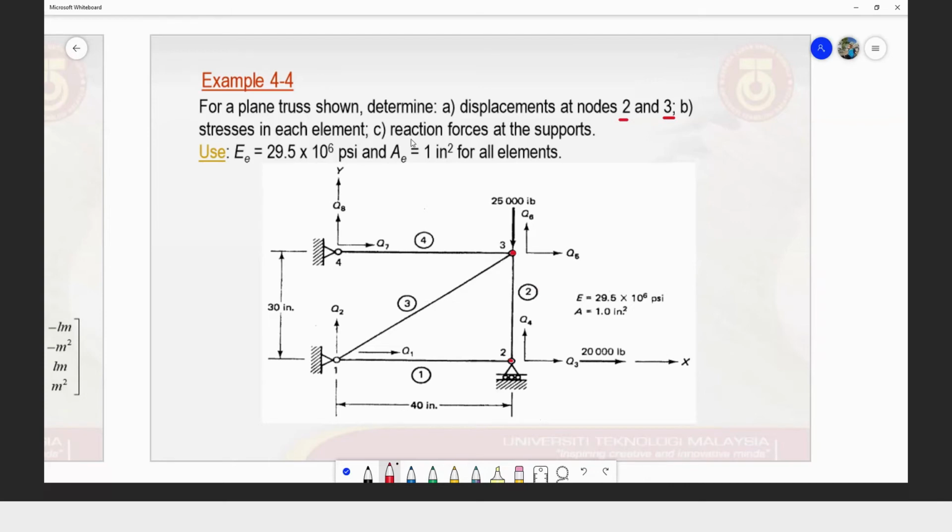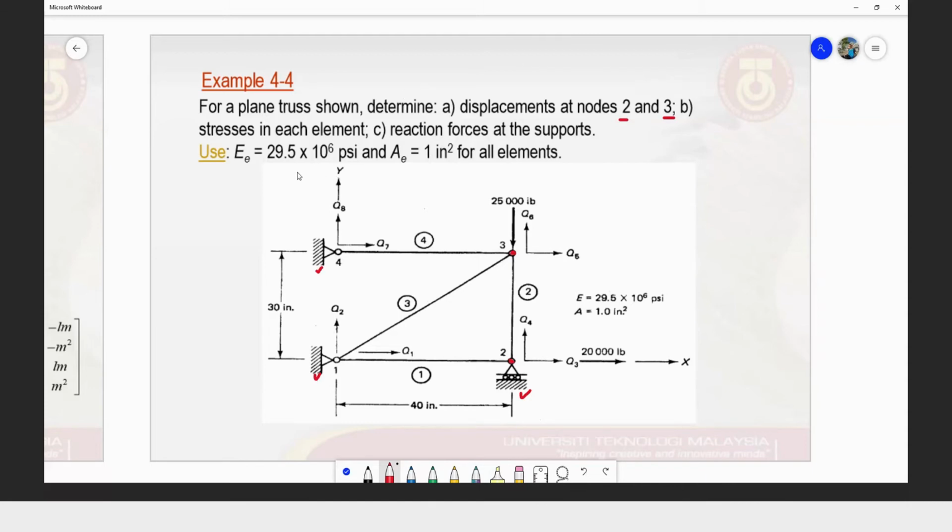And then (c), the reaction force at the support. So this is our support, this is our support, and this is our support. We may have reaction forces in both X and Y at points 1 and 4, and then a reaction force in the Y direction at node 2.